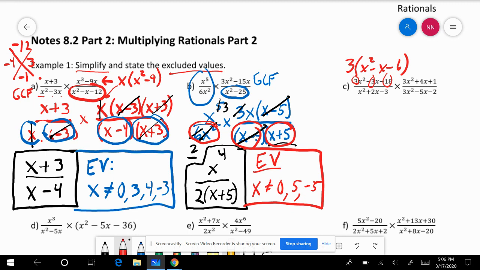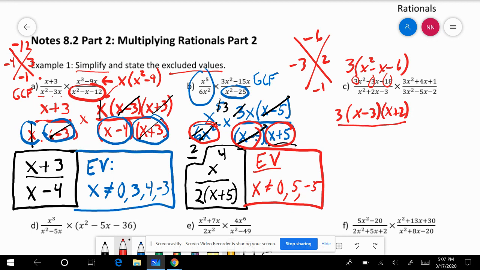And then when we use the x method, what we have is negative 6 and negative 1. So it'd be negative 3 and 2. So we have 3, x minus 3, x plus 2.